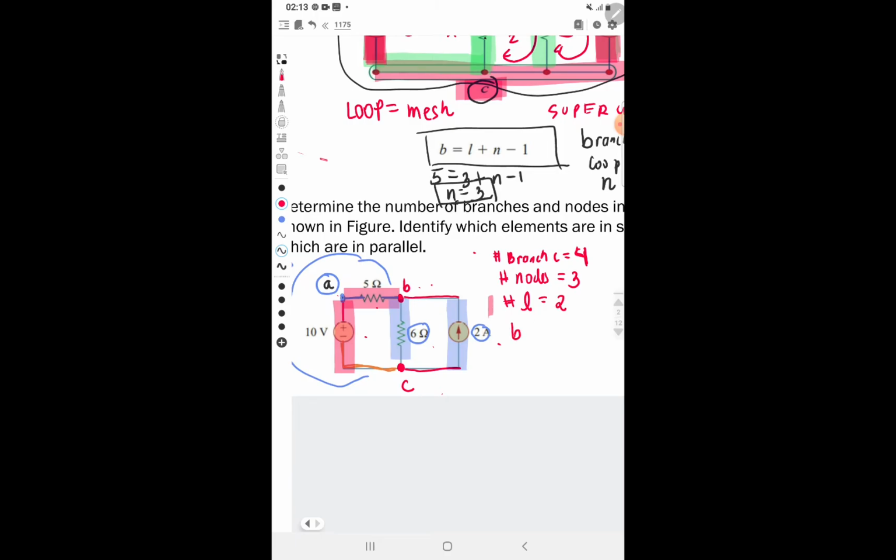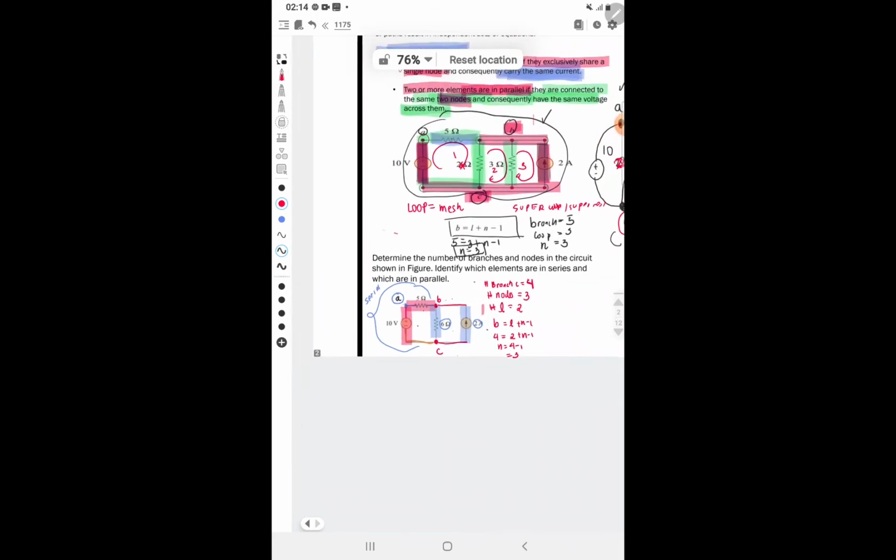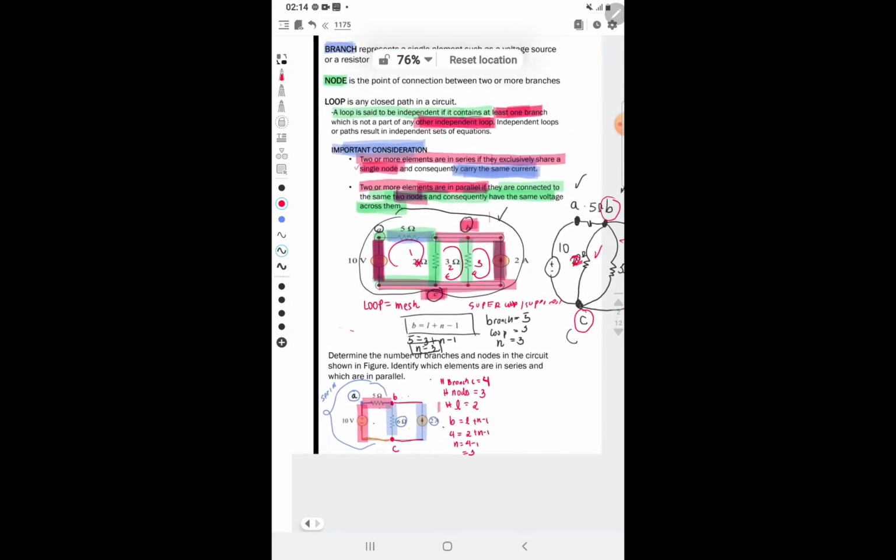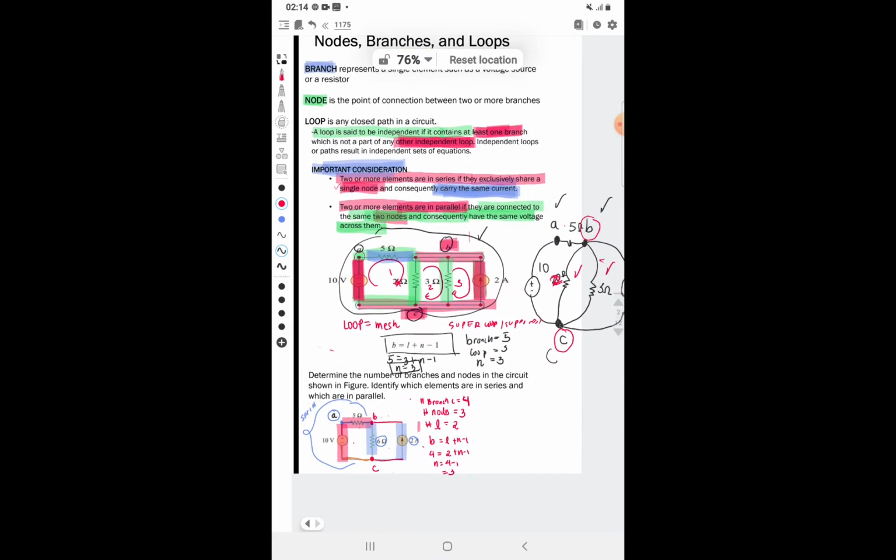But if you would want to use the formula B is equal to L plus N minus 1, I will have 4 is equal to 2, let's determine the nodes. So 2 plus N minus 1. Okay, so it would give me N is equal to 4 minus 1, which is equal to 3. Okay, yan.